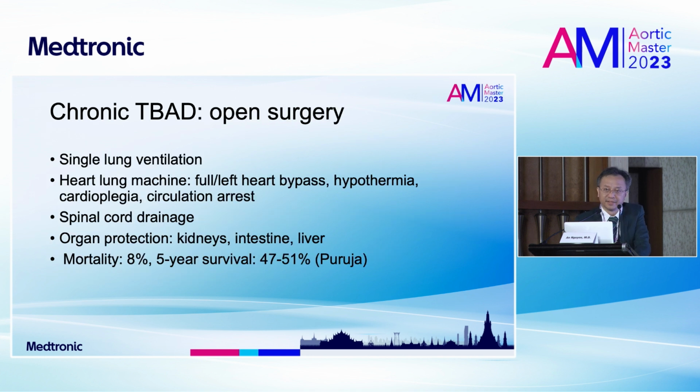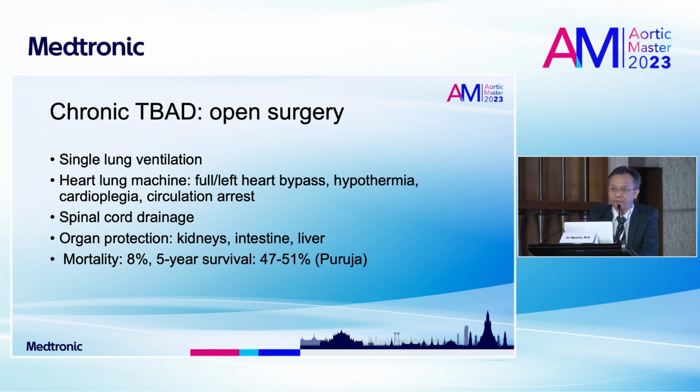Open surgery is well developed, and it is almost the gold standard for chronic type B dissection. Usually it is very invasive, the mortality is still around 8%, and the 5-year survival is around 50%.